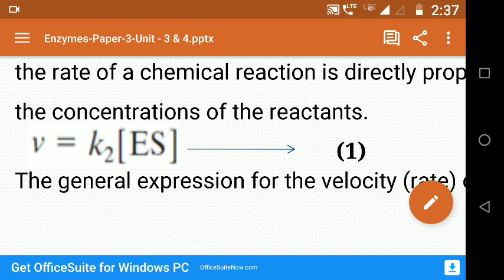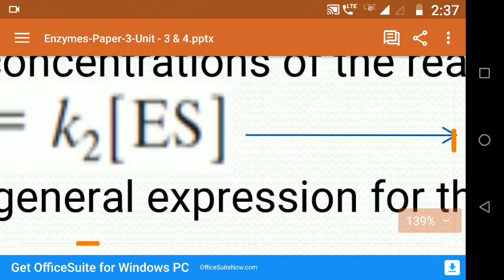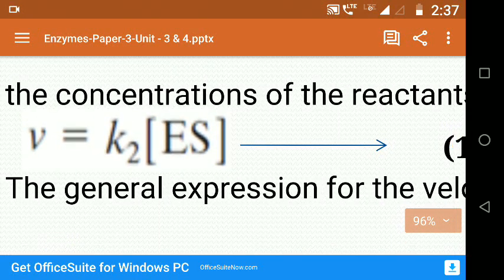So this is what we are going to solve. So we have to solve for V. But V is equal to K2 into ES. Okay, K2 is constant, but we don't know the enzyme substrate concentration. So that is why we have to solve for ES first.